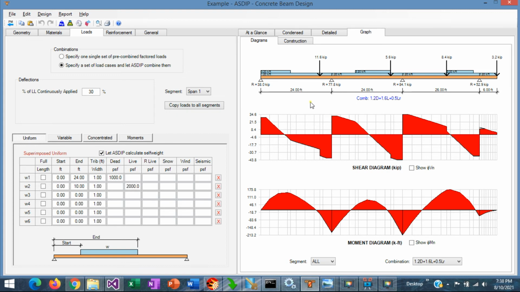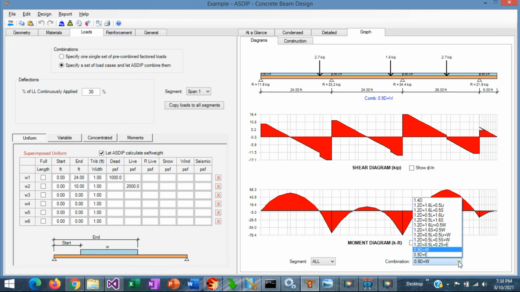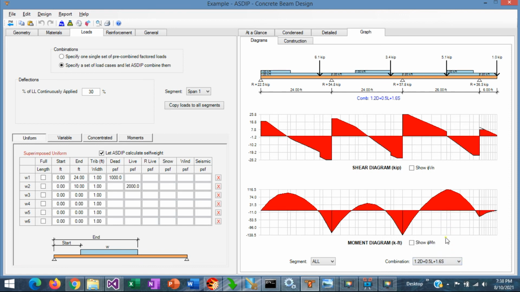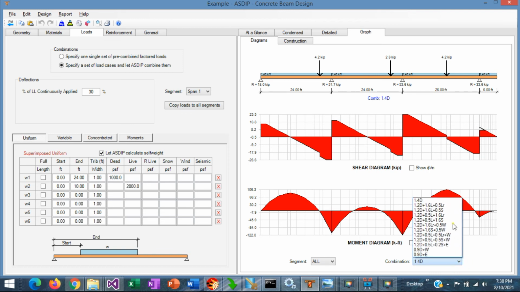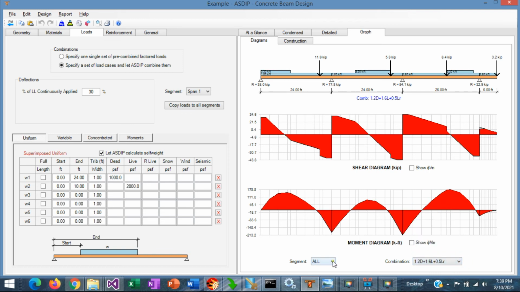Then the program immediately calculates the shear diagram and the bending moment diagram as shown here. It can be sorted by load combination, and it varies according to the selected combination. You can see here, the program also can show all the spans or just a particular span.